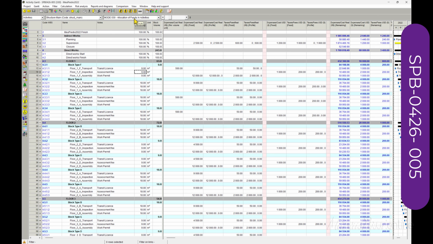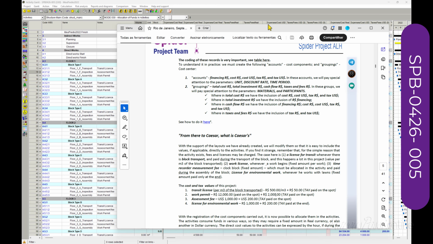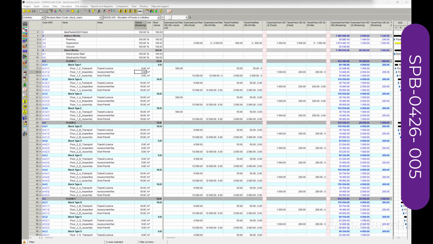Okay, this layout was done, and the next layout is, what is the next layout? In English, yeah, here.